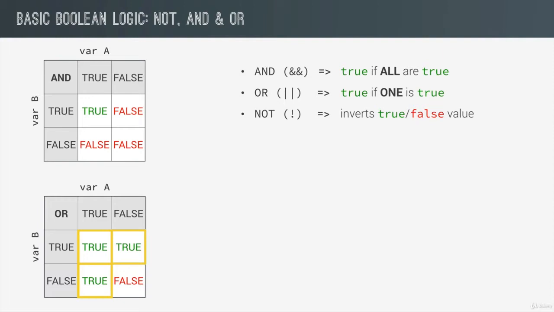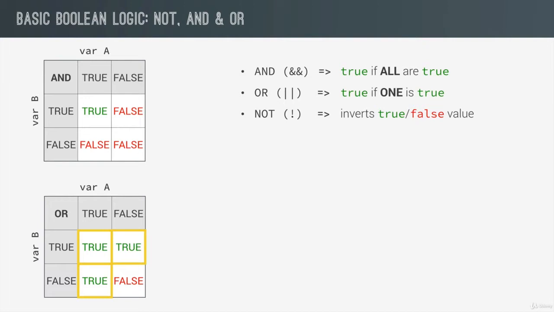The result will only be false if both variables are false. And we can see that here in the truth table, right? And once more, it works the same way with multiple variables. So it's enough for one variable to be true to make the final result be true as well if there are like 3, 4, 5, or even 10 Boolean variables. So that's how the AND and OR operators work.